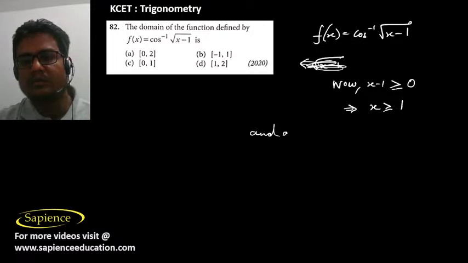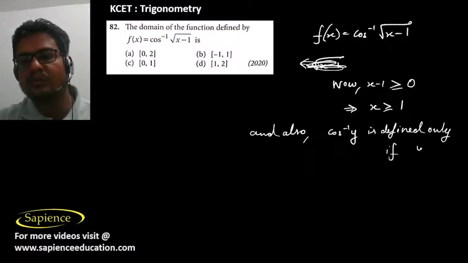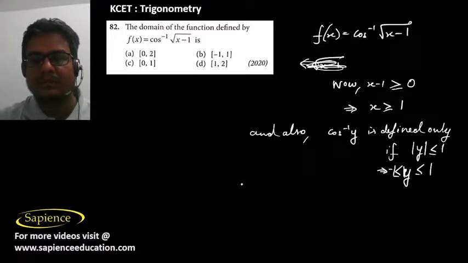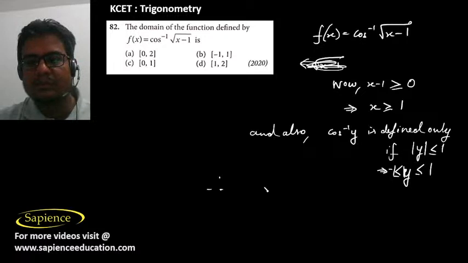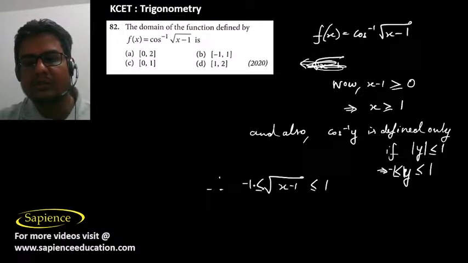And also cos⁻¹ y is defined only if |y| is less than or equal to 1. Means that y should be greater than or equal to −1 and less than or equal to 1. So therefore this square root of (x − 1) should be greater than or equal to −1 and less than or equal to 1. But root over (x − 1) should obviously be greater than or equal to 0.